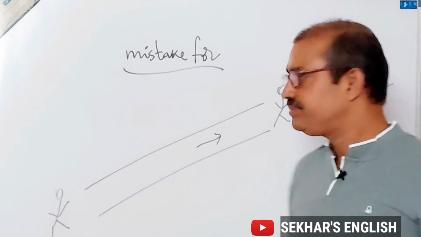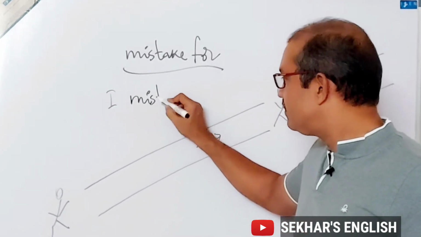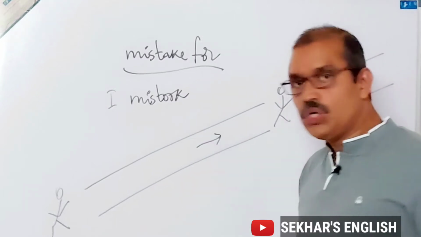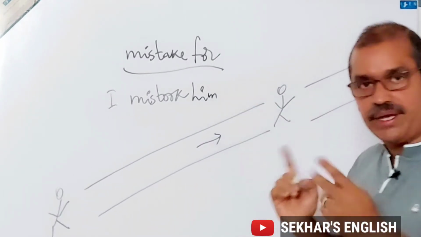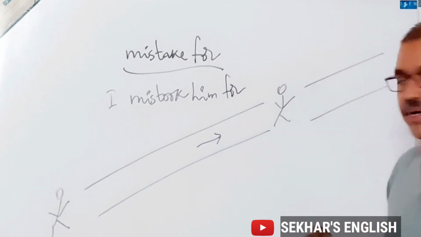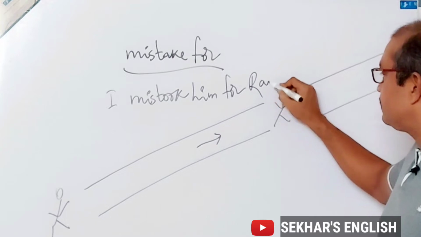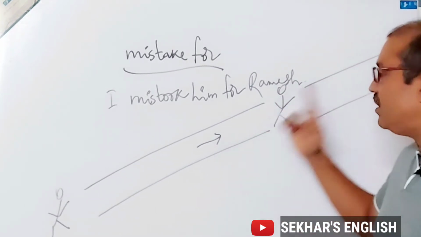Then you can say, I mistook whom? This person. So I mistook him for what? Ramesh. I mistook him for Ramesh.